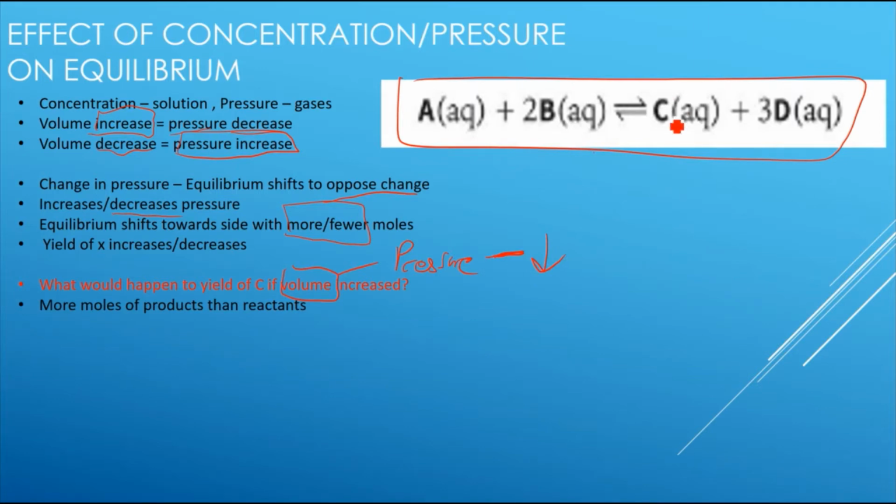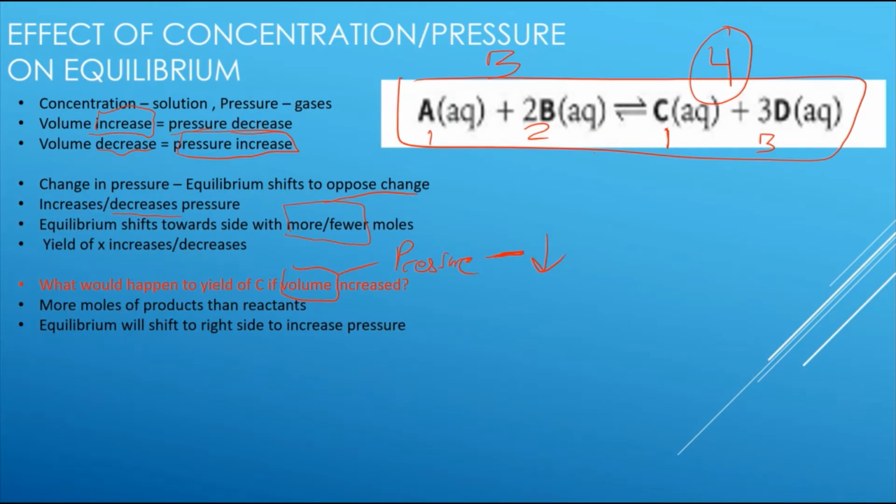Because there's 1C and there is 3D, so I know there's 4 moles of the products. So this is how you work out the moles. But looking at the reactants, there is only 2B and 1A, so that adds up to 3. So 3 to 4, I know that the products have more moles. So that's what I would say in my first step. So there are more moles of products than reactants.